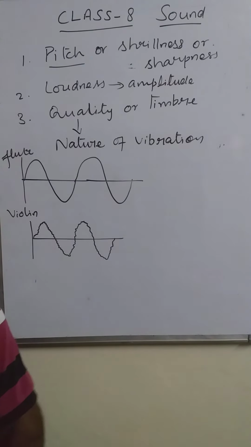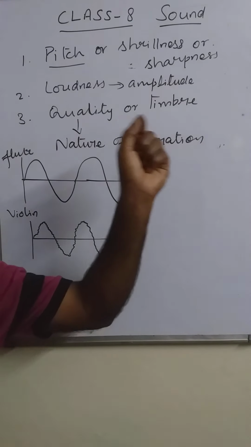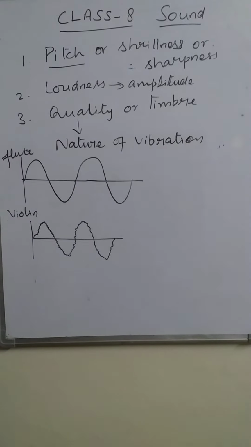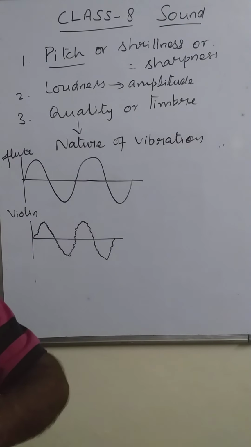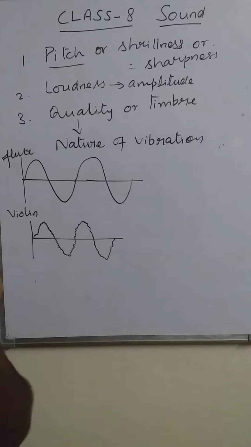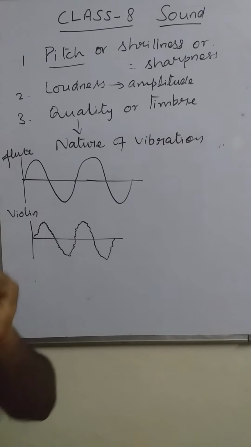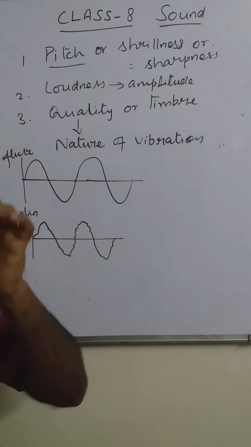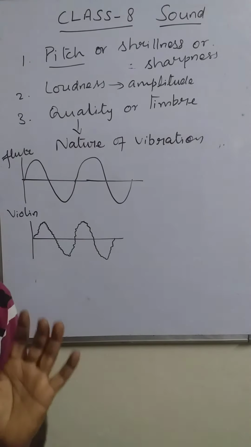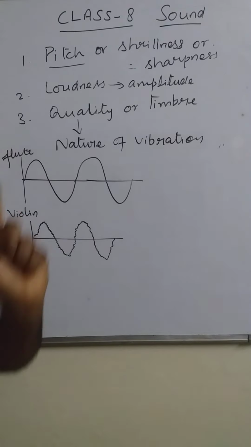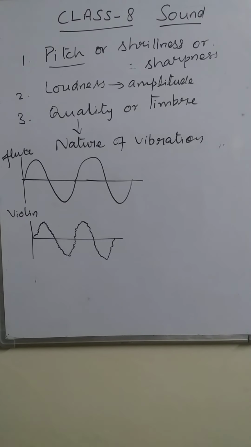From your crying, your parents are able to identify your voice, even at a longer distance. If your parents are far away and they hear that crying sound, then definitely they are able to identify this is the sound of our son or daughter. This is due to the quality of sound.